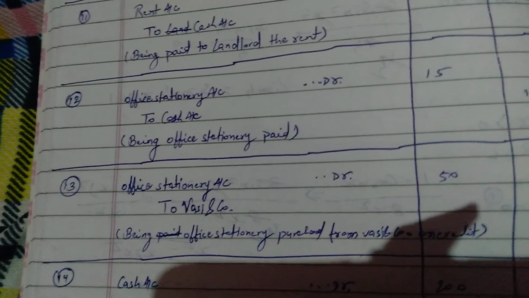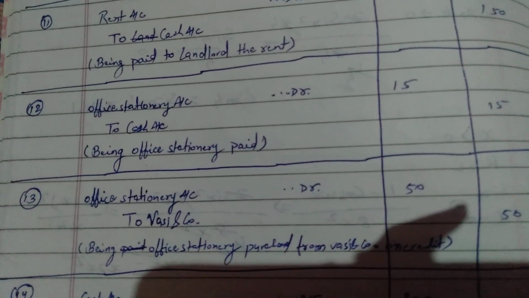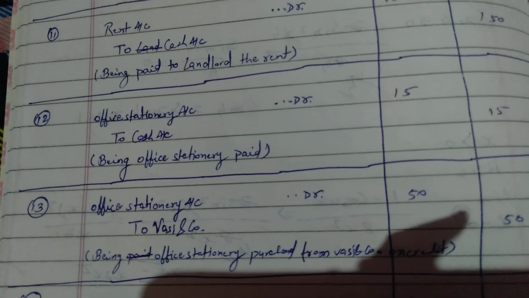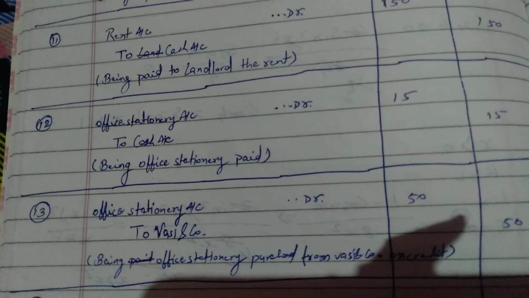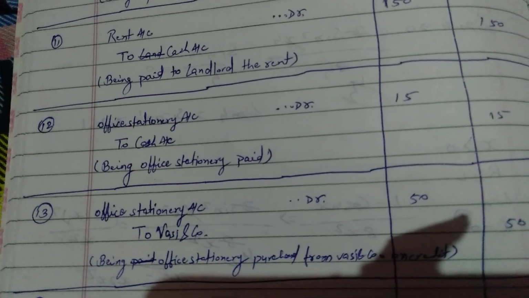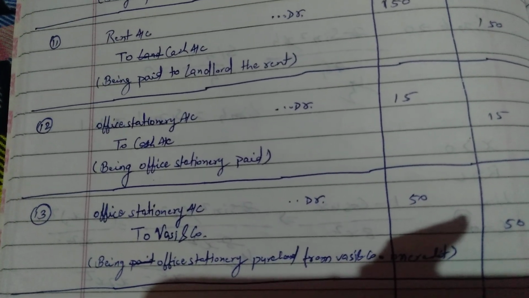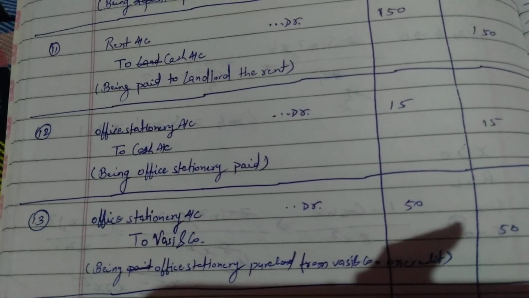Office stationery account is very vital to be known, because we sometimes expense office stationery. So office stationery is an expense, a nominal account. So office stationery account debit to cash account, 15 rupees.